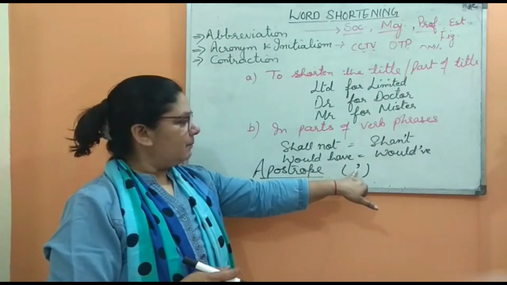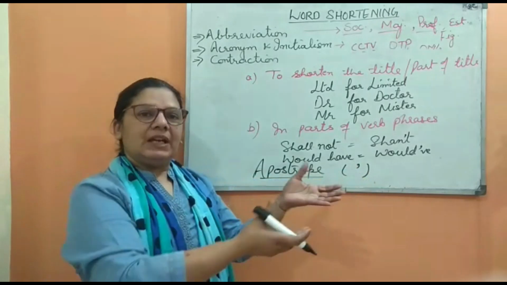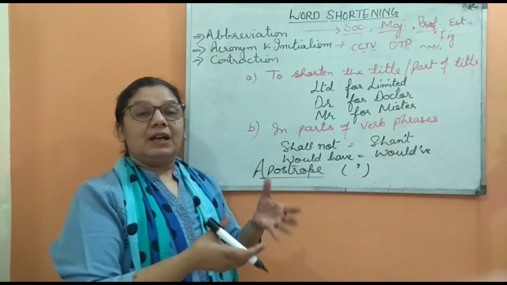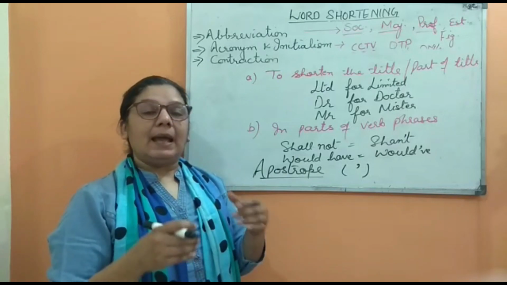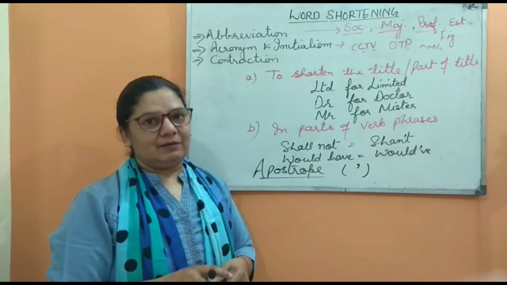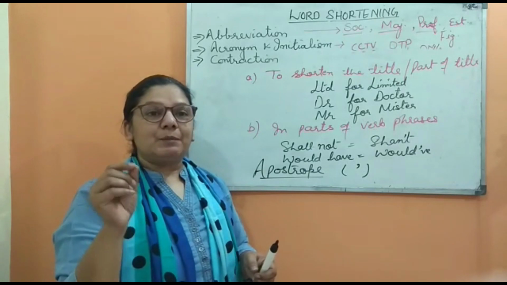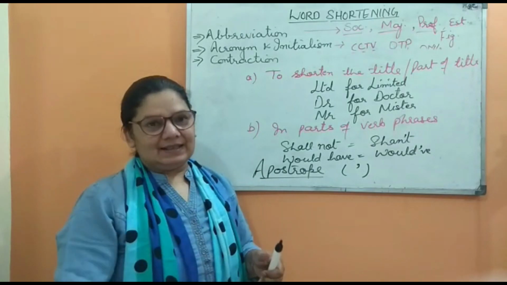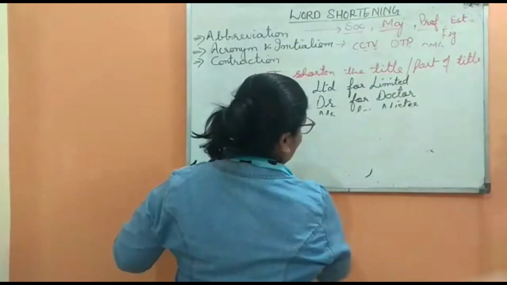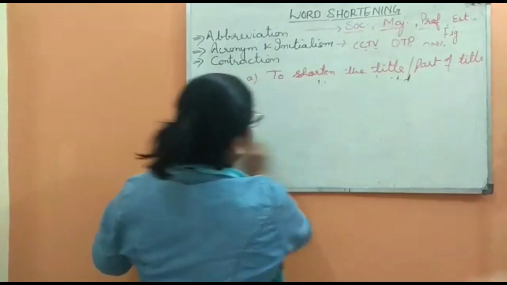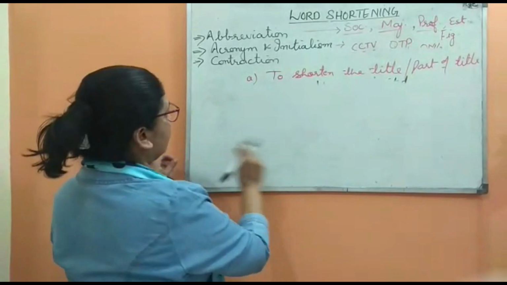Whenever we use this apostrophe, it means we are taking out, we are omitting some of the letters to make that word appear in its contracted form so that it is spoken with fewer letters. We go on with examples. There are more examples of these contracted forms.